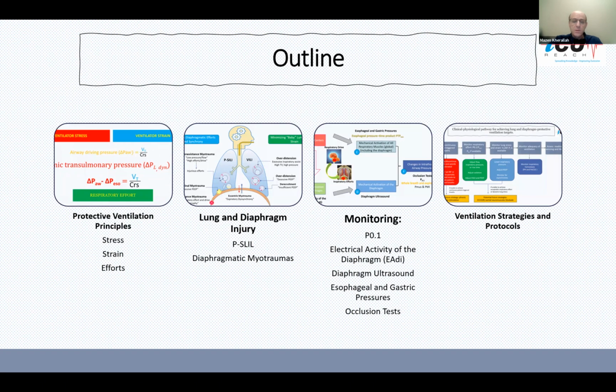Choices are ventilator pressure and flow, esophageal pressure, expiratory occlusion pressure and P 0.1, inspiratory occlusion, and diaphragmatic fraction of excursion.